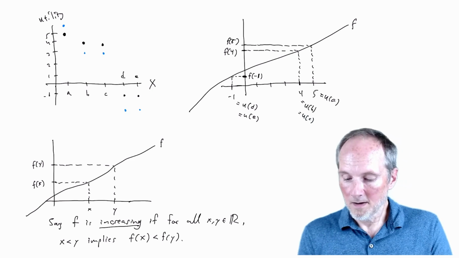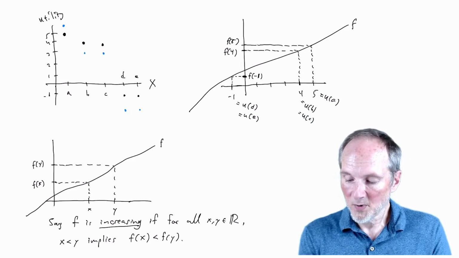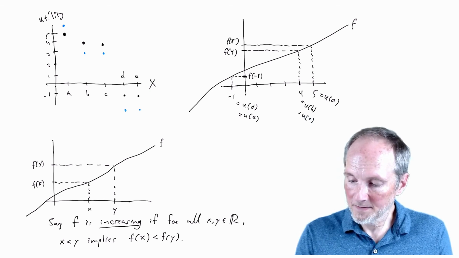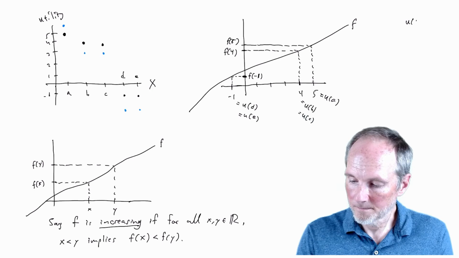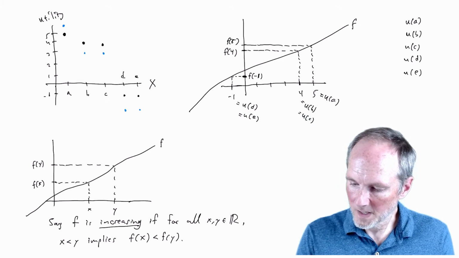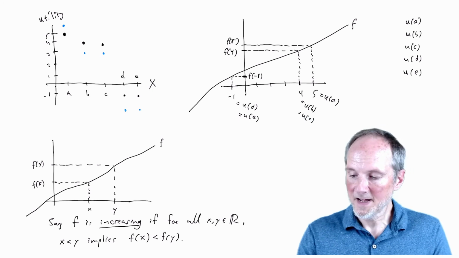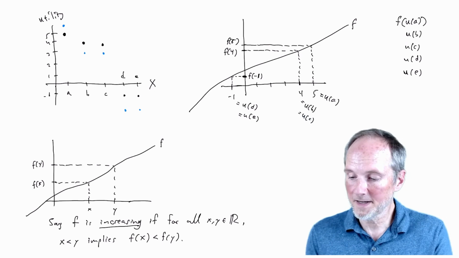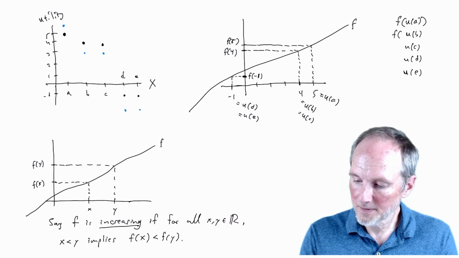Well, the point is that if we take the utilities of these alternatives, and then I apply f to them, right? So I'm going to take the utility from A and plug it into f. I'm going to take the utility of B and plug it into f, and so on. I'm just going to do that with all of these.